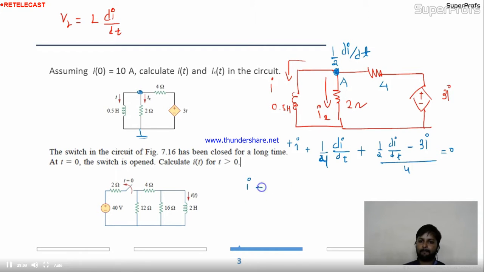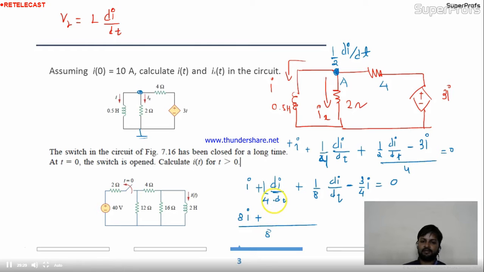I by 4 plus 1 by 4 di/dt plus 1 by 8 di/dt minus 3 by 4 I equal to 0. Take LCM 8. This will be 8I plus 2 di/dt plus di/dt minus 6I equal to 0.